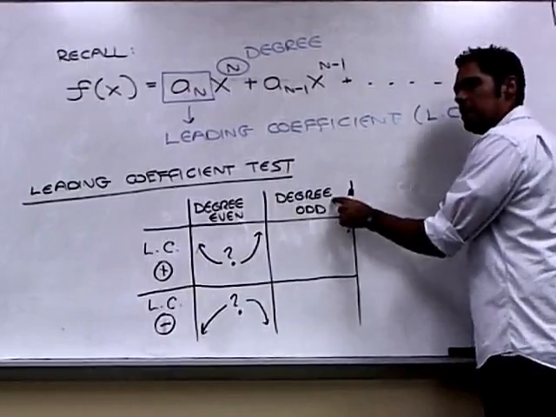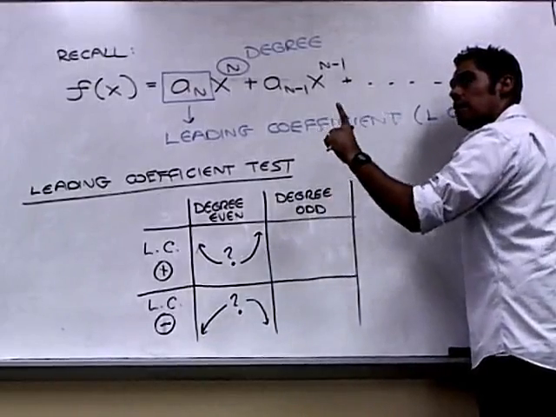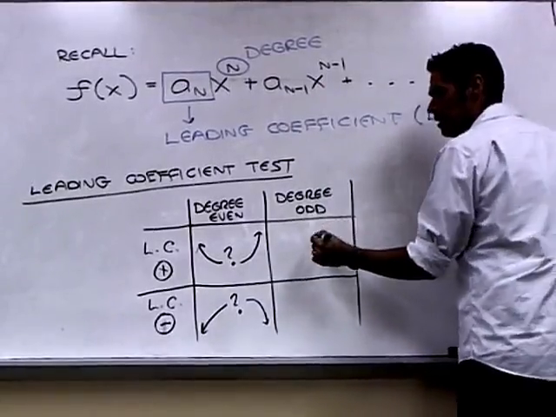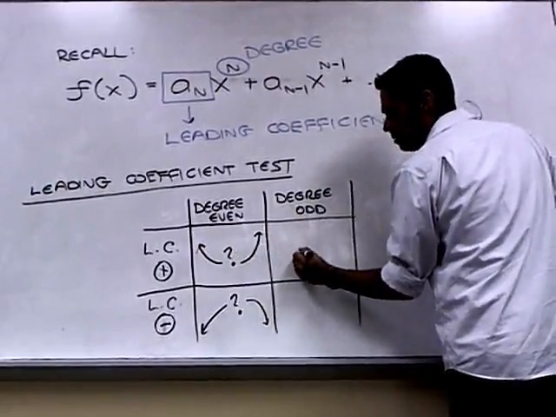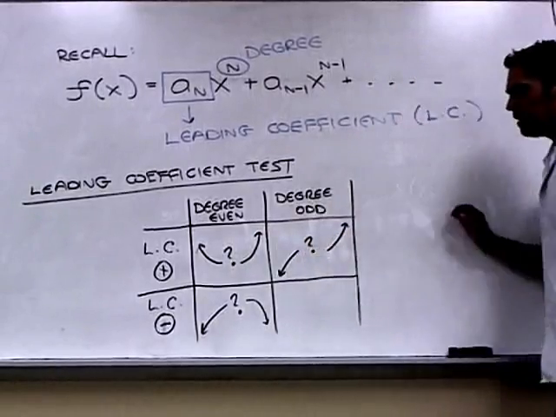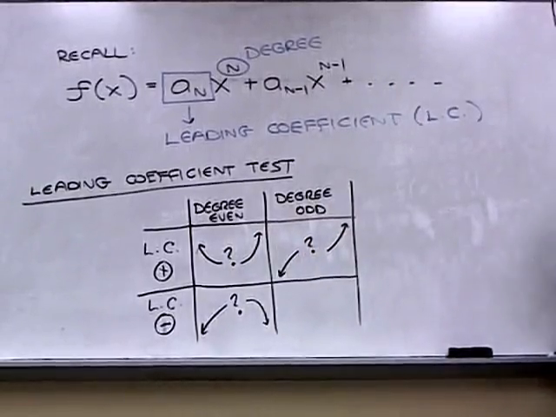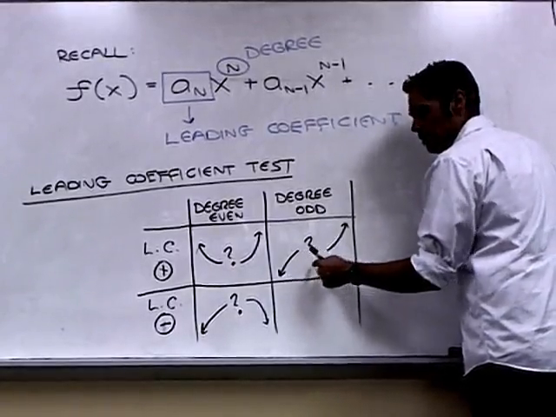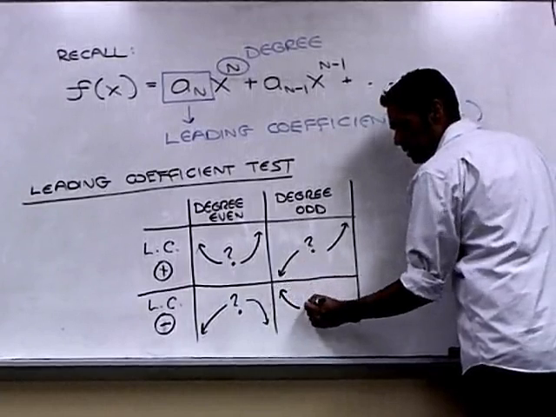Okay, odd degree, what are odds? 1, 3, 5, 7, 9, 11. If your degree is odd and your leading coefficient is positive, you will go down on the left, you will go up on the right. And what do you think happens if I change it to a negative in front? Flips this over, doesn't it? So it goes up on the left and down on the right.